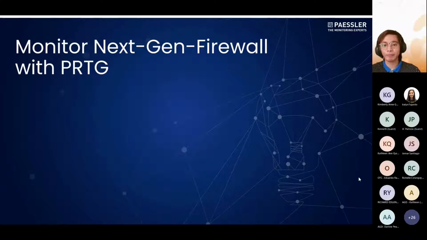It has the same way of a traditional firewall, we can allow or block traffic, but the difference is that the next gen firewall has enhanced security features, like intrusion prevention system, threat intelligence, and we can also block applications. So that's the difference between the traditional firewall and the next gen firewall.